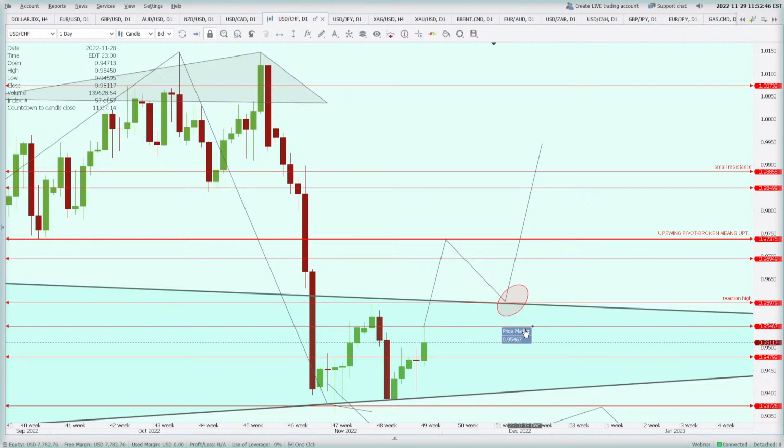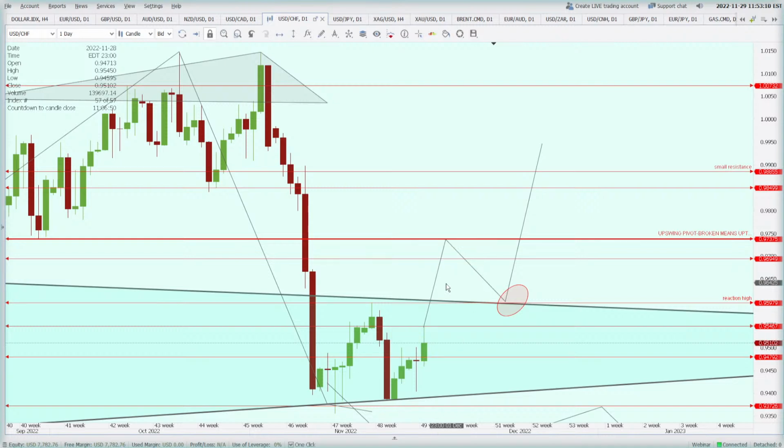So where is the support now, guys? The price is already trading above the daily support of 0.9479, and the daily resistance has already been tested, 0.9546. See, the price has made a high of 0.9545, which was just one pip away from our level of interest. Now I think the price may come back again to test this 0.9479 before it makes a move further.